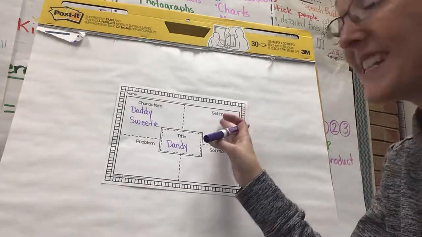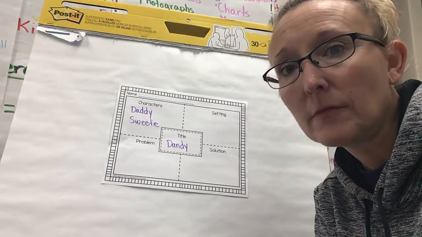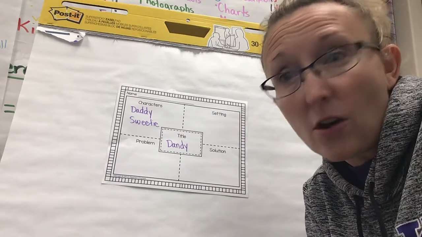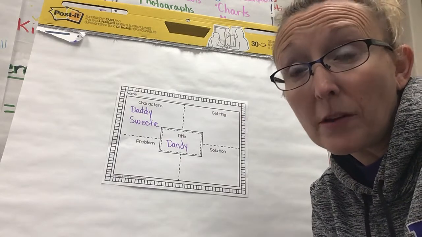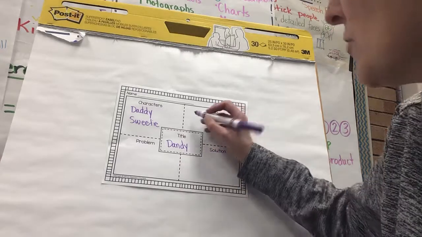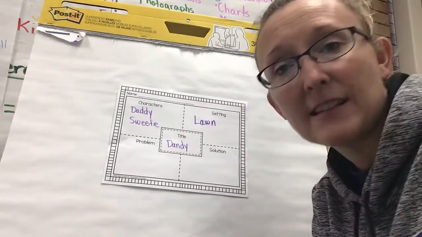Okay, the setting. Where is this story happening? Well, it was always his lawn, right? Always. They were inside sometimes, but this story was super important because all of it happened in his yard, right? On his lawn. So that is the most important setting. We could talk about the house, but that's not significant.